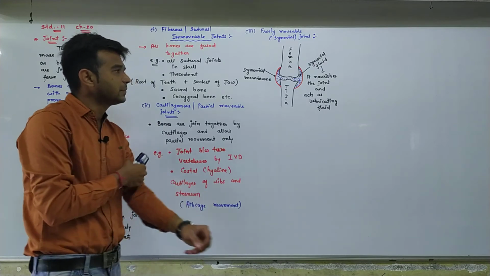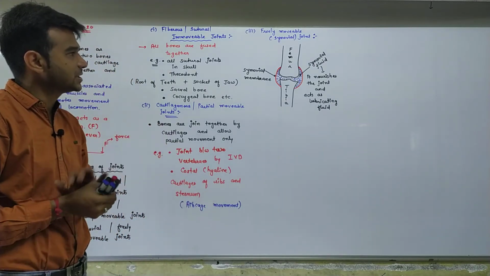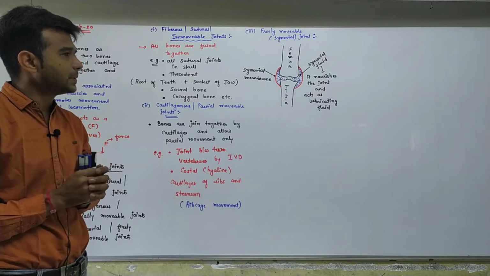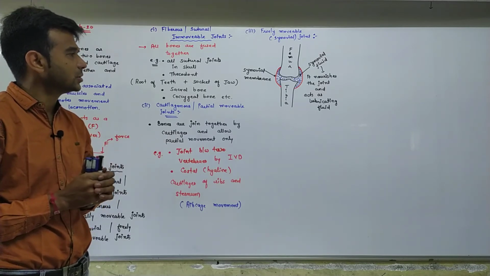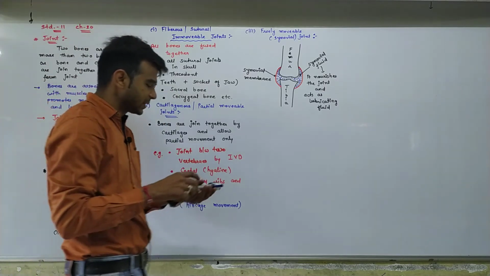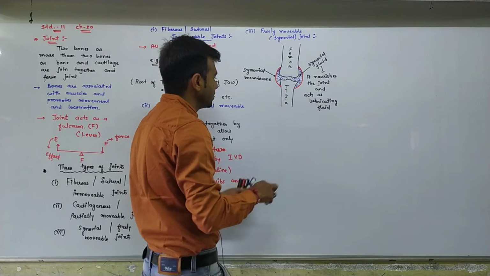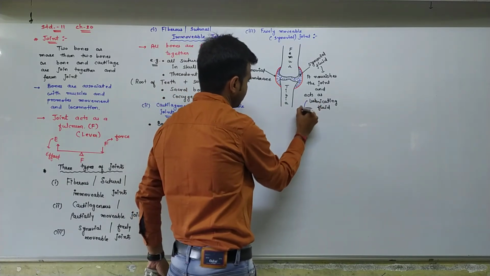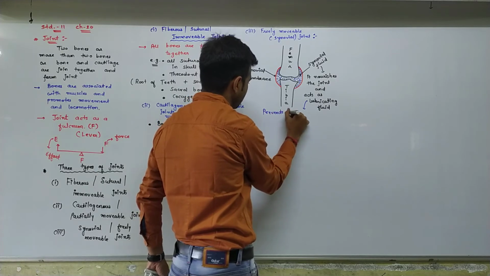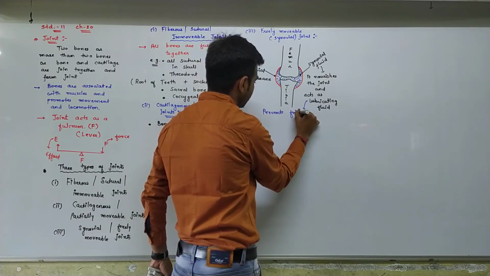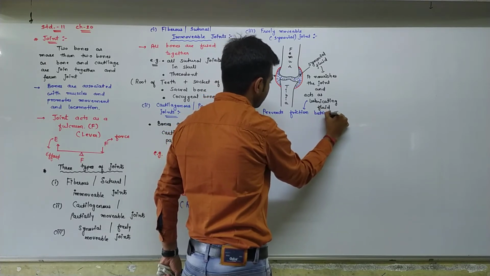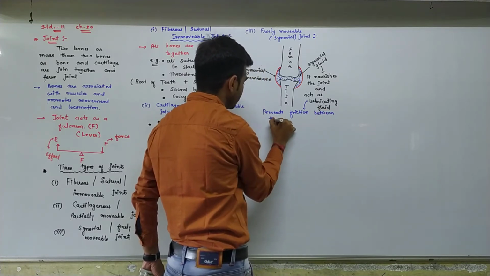So this synovial fluid nourishes the joint, maintains the proper composition and structure of the joint, as well as acts as a lubricating fluid which prevents friction between the two bones.